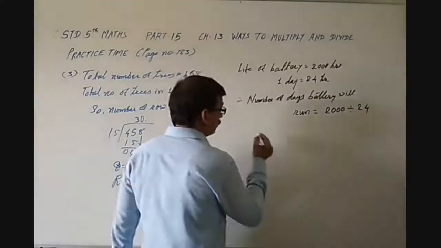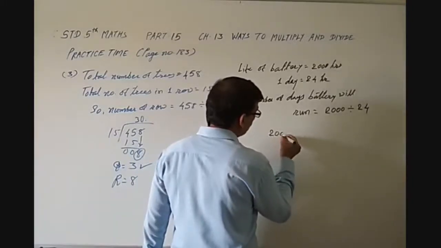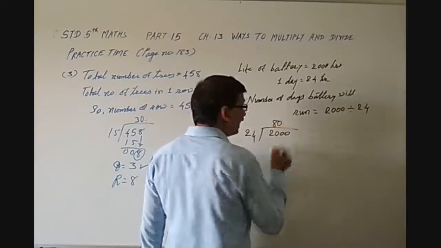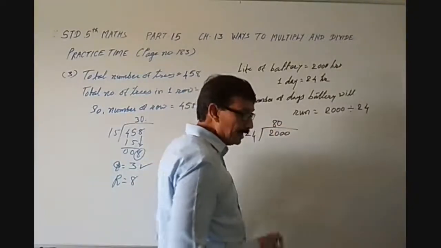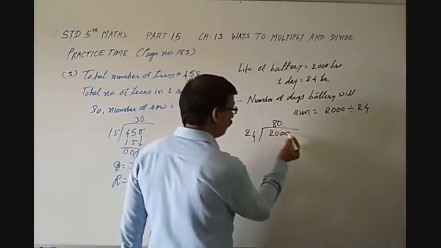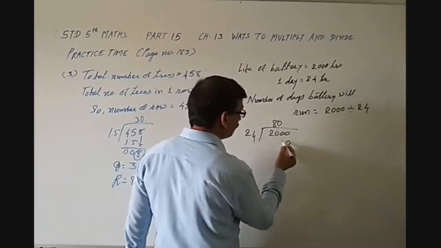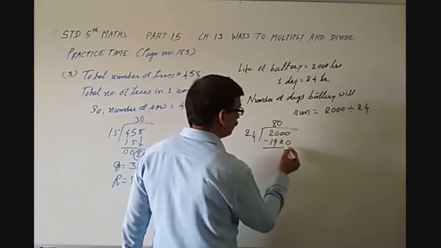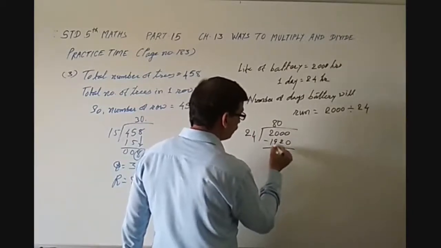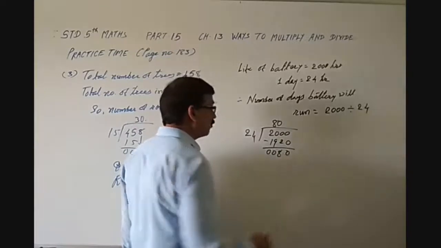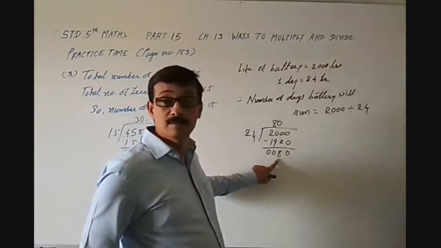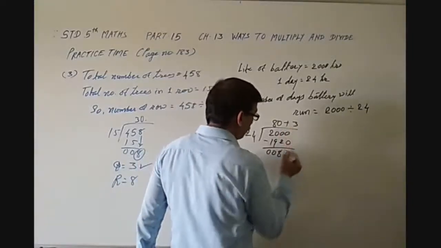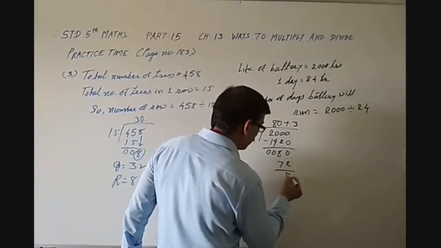Okay, so let's go for that. 2000 divided by 24. If we take 80, then let me tell you, first of all put the 0, 8 4s are 32, 3, 16, 19. Okay, 0, 8, 0, 0. So now 80 is there. Plus 3 is 72, 8.